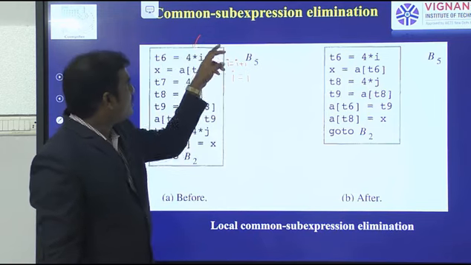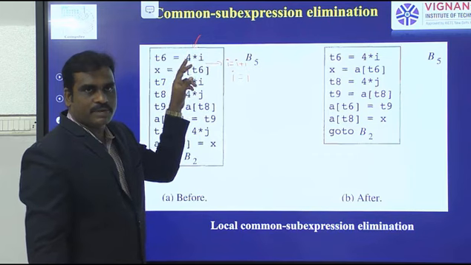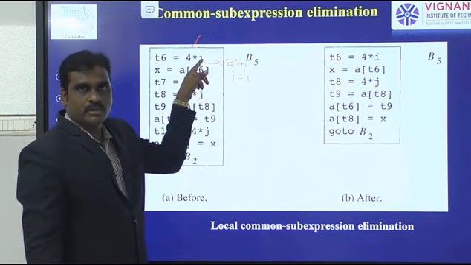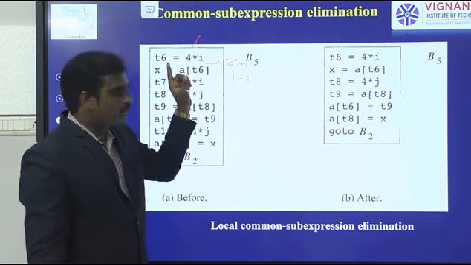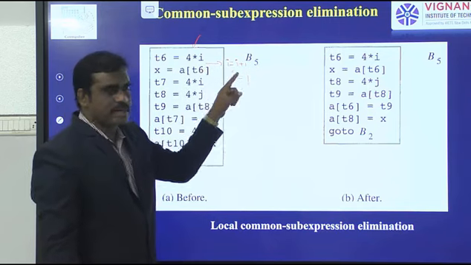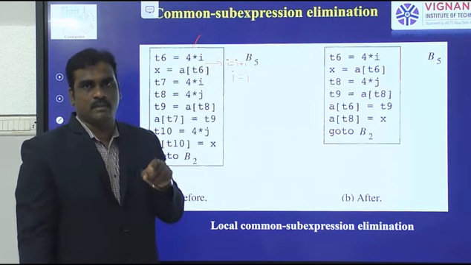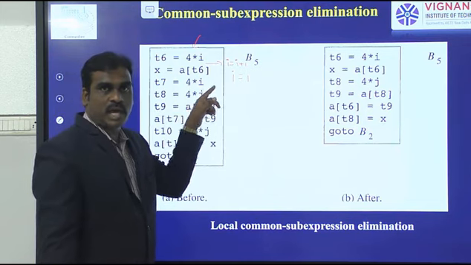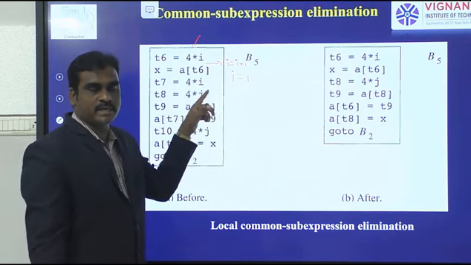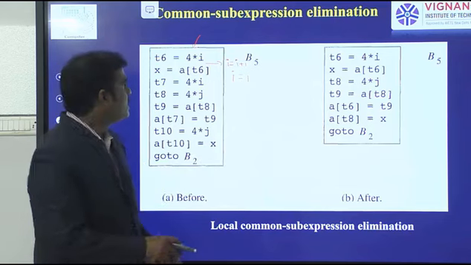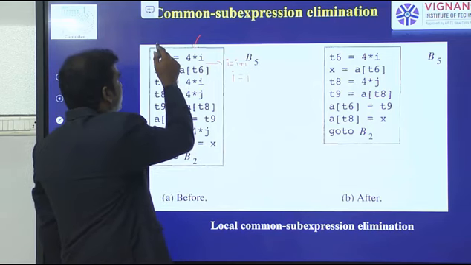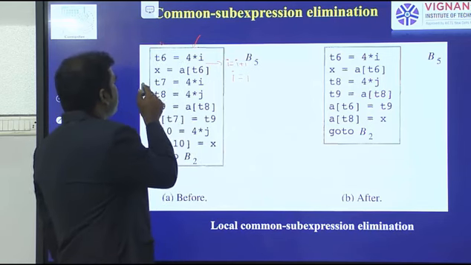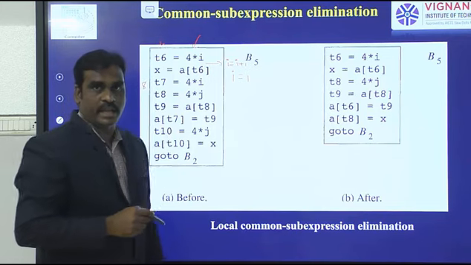Once while entering into block 5, I value is 1. So T6 value is 4. Next, I is incremented by 1, that means 1 plus 1, 2. Now T7 equal to 4 into I. Now what is the I value? 2. At that time what is the value? 8. See here T6 value is 4, whereas in this case the T7 value is 8.